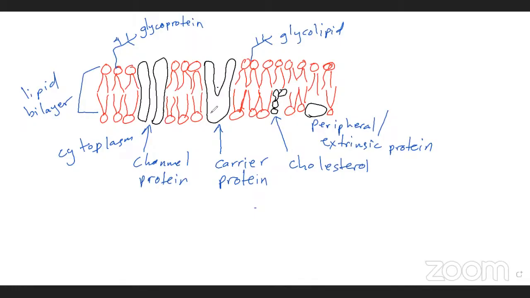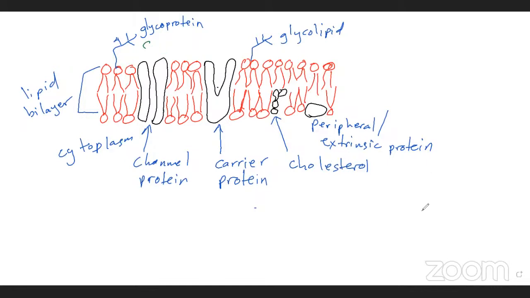Certain things that are extremely small, like your oxygen and your CO2, can easily pass through. Put it in green. So your gases do not need any support, right? They can make their way through the lipid bilayer.